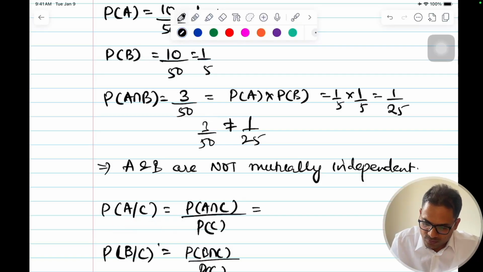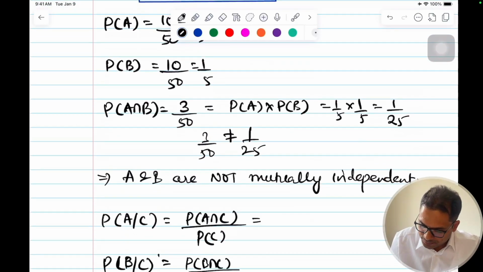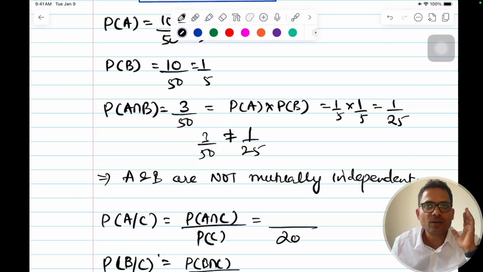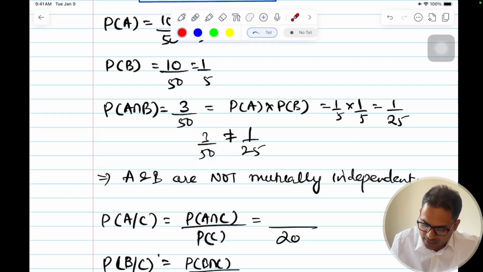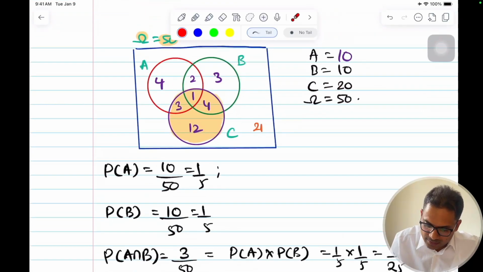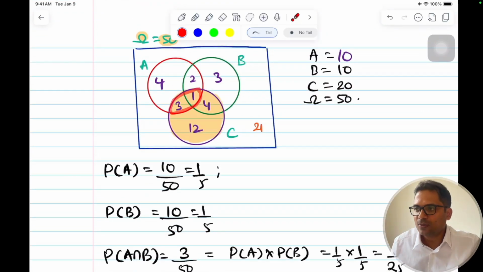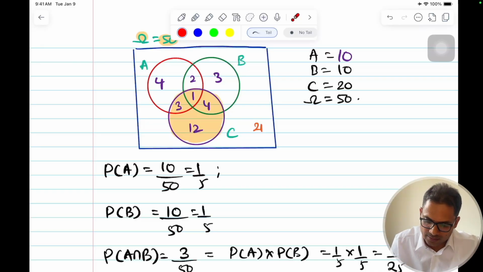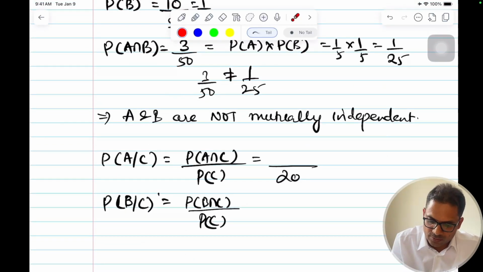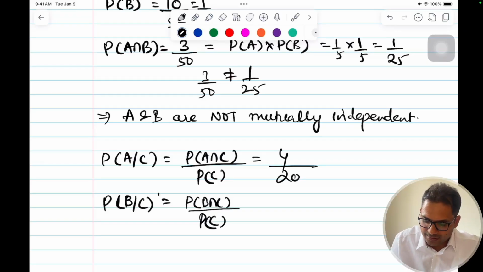P of C we have seen here is 20. Now what is P of A and C? A intersection C is 4, from here. So this is equal to 4 by 20.